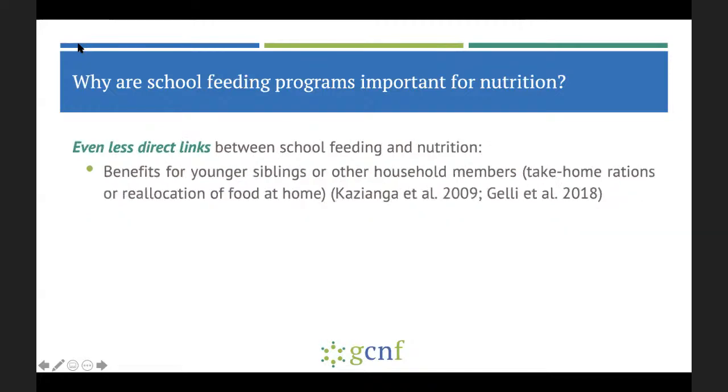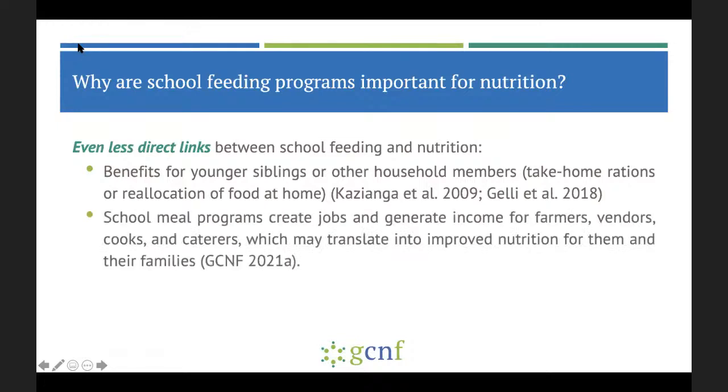There are additional links that are even less direct between school feeding and nutrition, but these links are still important. For example, it's been documented that in some cases, school feeding benefits the younger siblings of school children. School feeding programs also create jobs and generate income for farmers, cooks, and caterers.